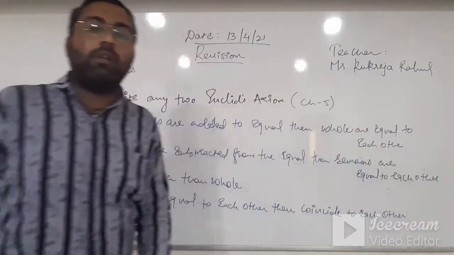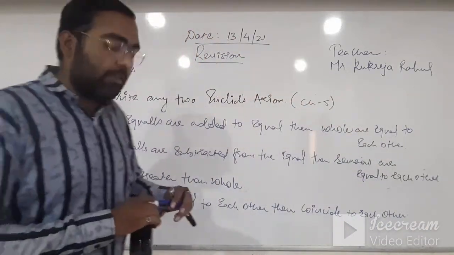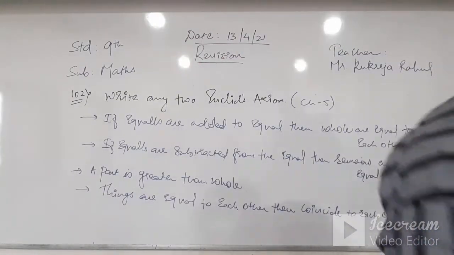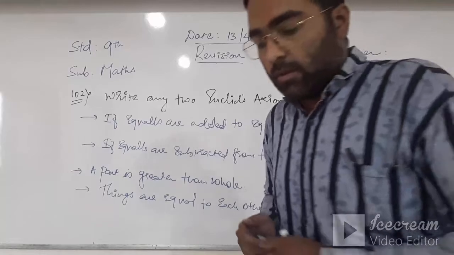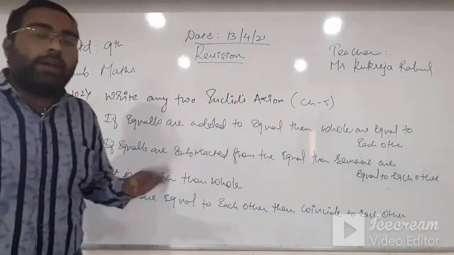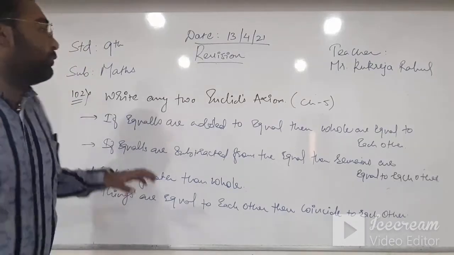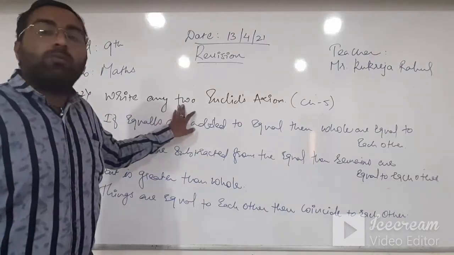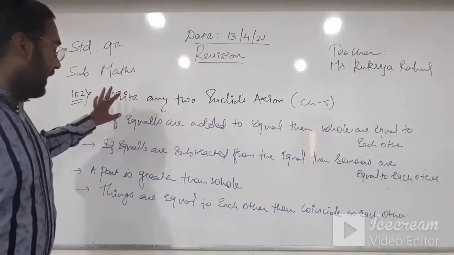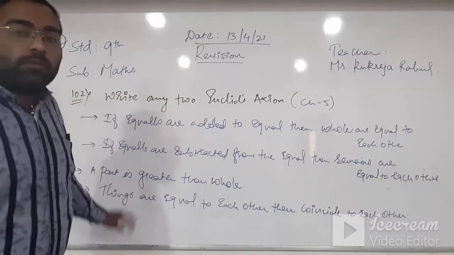Okay, these kinds of statements are the axioms of Euclid. They are from chapter number 5. So there are almost 8 axioms. Of all of them, you have to write only 2. I am writing 4 axioms here.